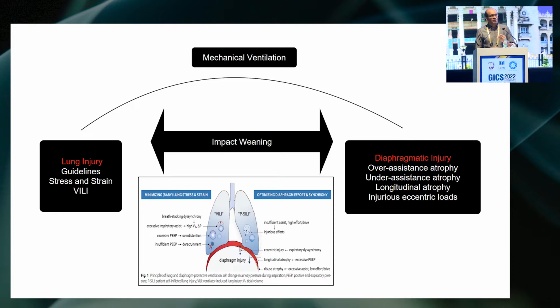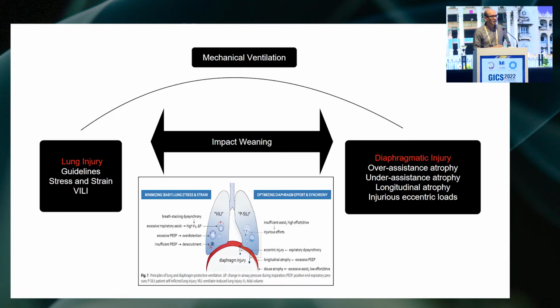At the same time, when you allow your patient to breathe when he is not ready, putting a significant load on the diaphragm can also lead to diaphragmatic injury. So you need to balance your ventilation in such a way that both your lung and your diaphragm are adequately protected, because these two things have a major role in how your patients are going to be weaned off the ventilator.